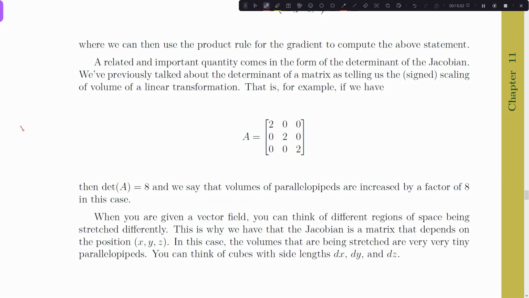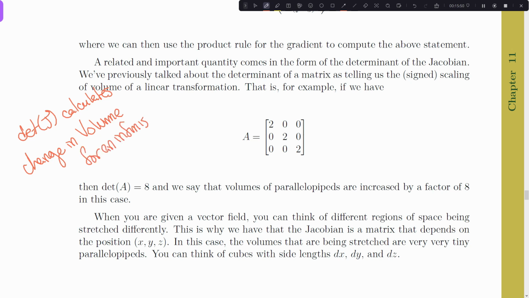So I'll say determinant J calculates the change in volume for an infinitesimal small cube at that point.